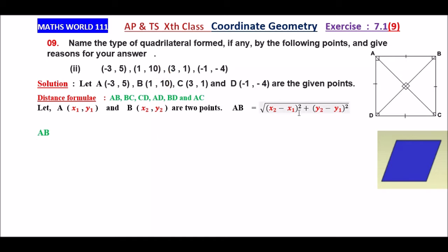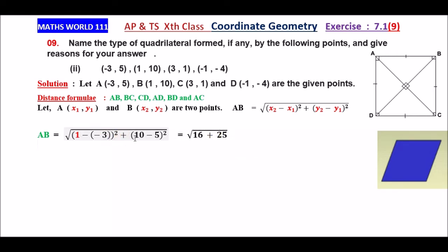Simply substituting these values in the formula, AB is equal to the square root of (1 minus of minus 3) whole square plus (10 minus 5) whole square. 1 plus 3 is 4, 4 square is 16, plus 10 minus 5 is 5, 5 square is 25. That is the square root of 16 plus 25.